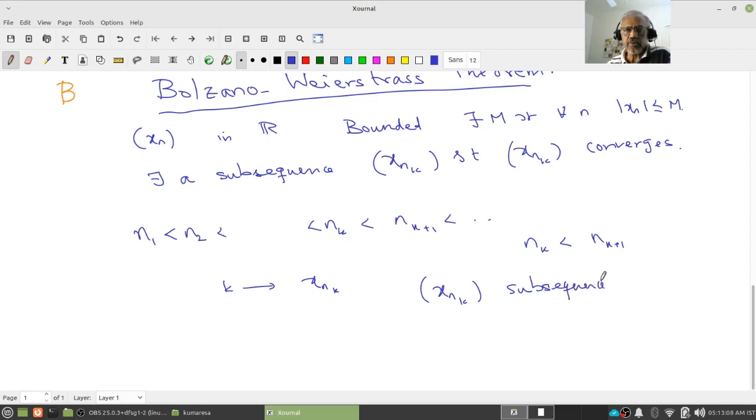So we have to produce a subsequence which also converges. Notice that the original sequence may not be convergent. For example, this is a standard thing all of you know, (-1)^(n+1). This is an alternating sequence. It is bounded but not convergent. But what the theorem says is I can still find a subsequence of this which is convergent. Right. Now we want to prove this result.